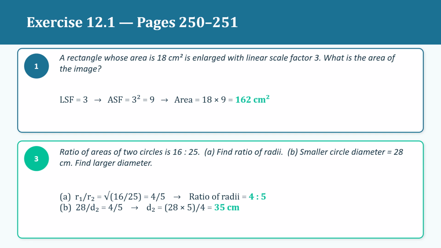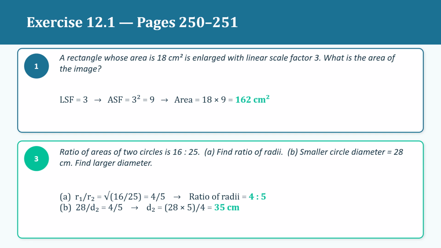This value is greater than 1, so we apply it to the smaller thing to get to the bigger. So 9 is the area scale factor which we apply to the smaller area to get the area of the bigger. The smaller area is 80 centimeters square. The bigger area is going to be 80 times 9, which is 720 centimeters square.